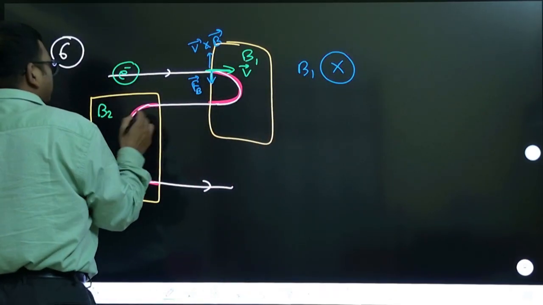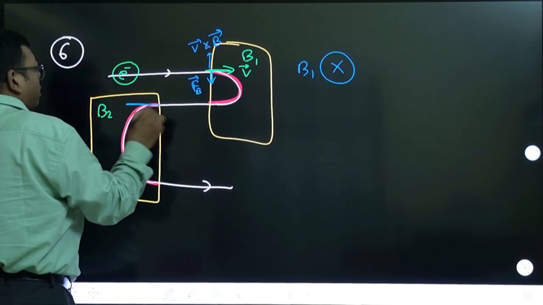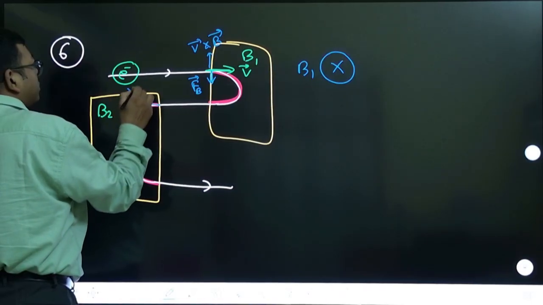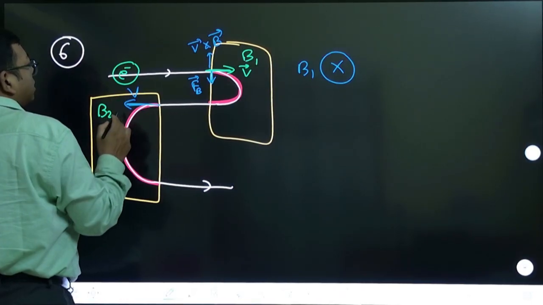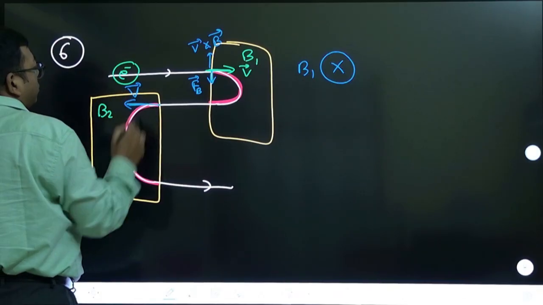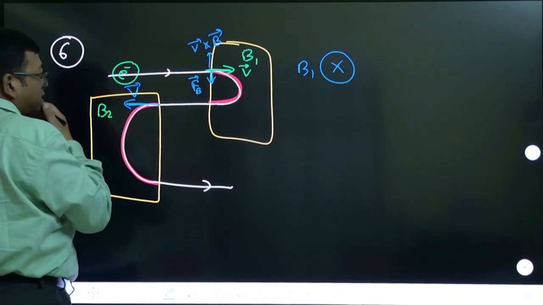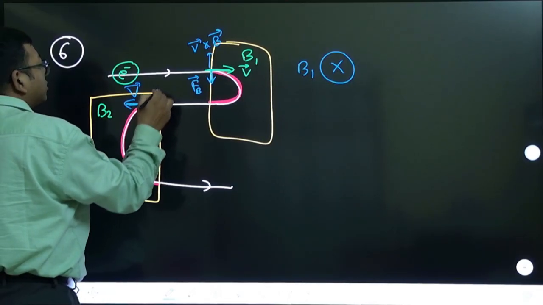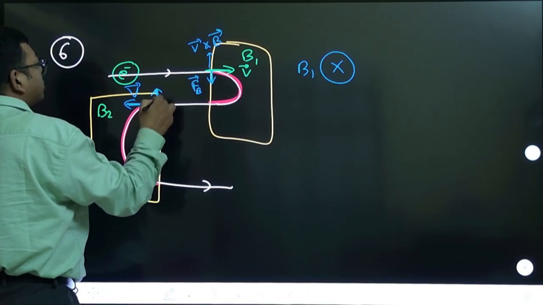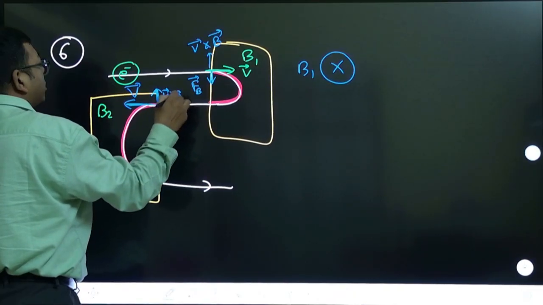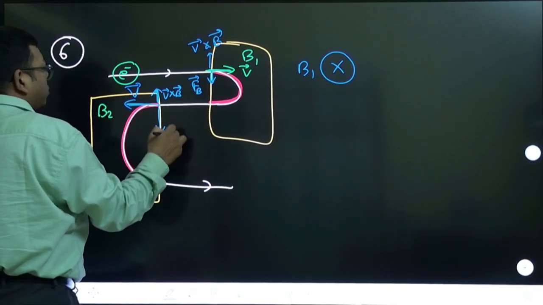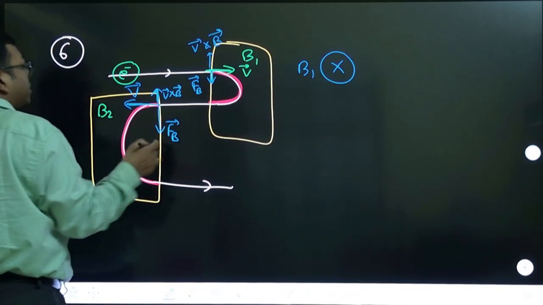What about this one? Now you check here. This velocity is this, right? And then what is the V cross B direction? Again here the V cross B direction must be this way. Why? Because the force direction must be opposite of V cross B, because the charge is negative.